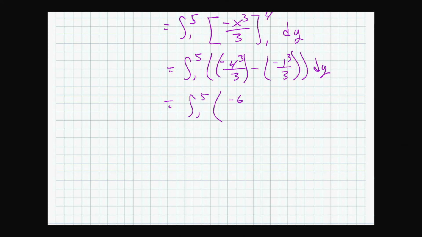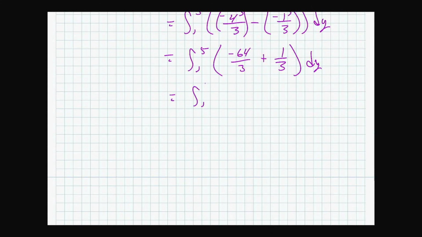So this is negative 64 over 3 minus a minus is a plus 1 over 3 dy. So that looks like negative 63 over 3 dy. But wait, what's 63 over 3? 21.